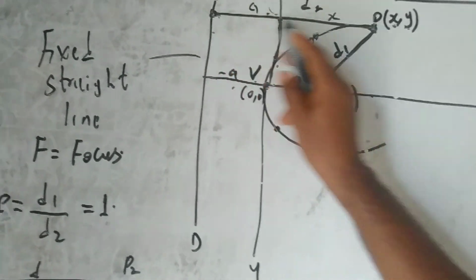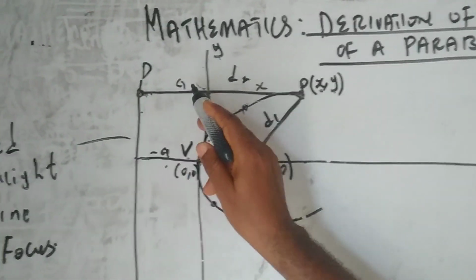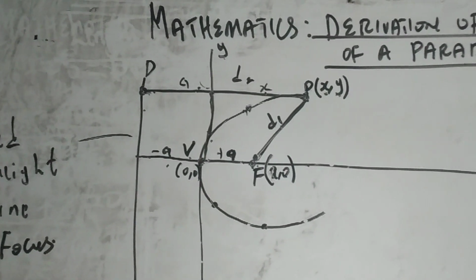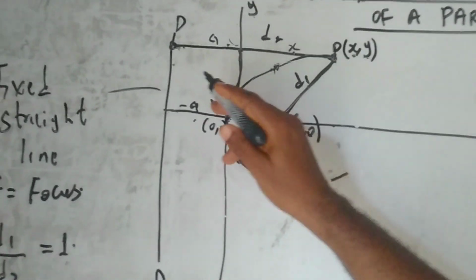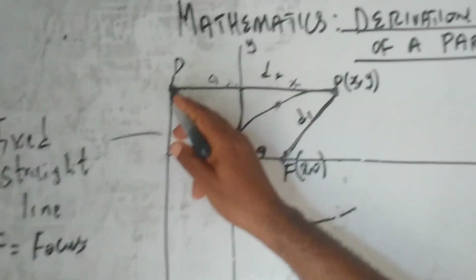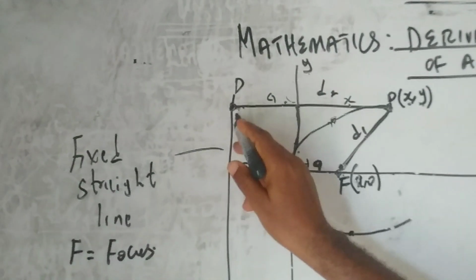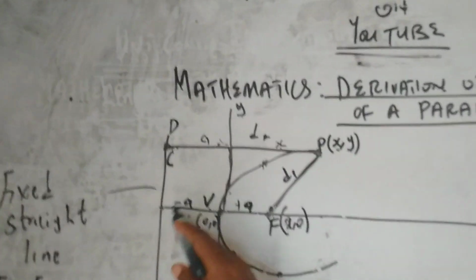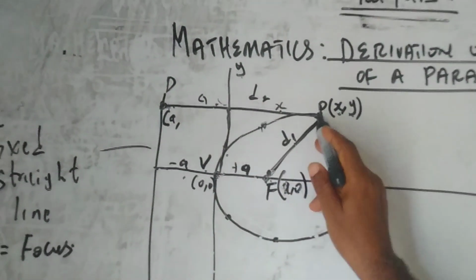So the total distance of this point to the directrix will be a plus x. Now, if I want to get the coordinates of this point D, we know that the distance along the x-axis is a, and along the y-axis is y.